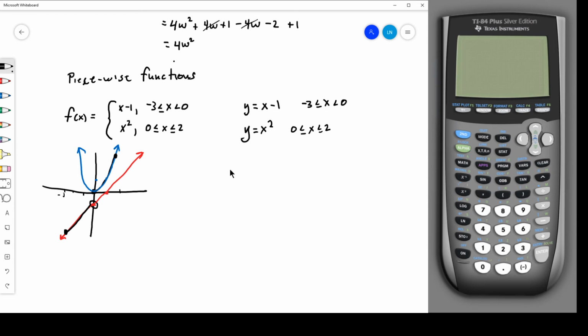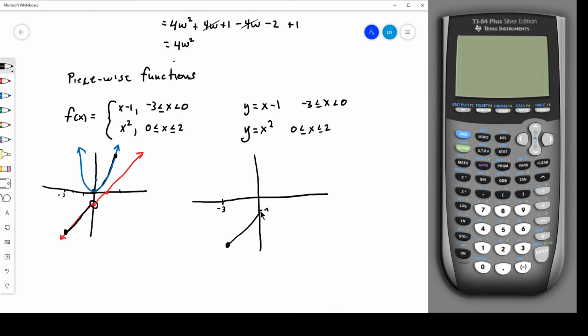So the actual graph of this function looks like this. We're out here at -3 and -1, and we're down here. We've got a straight line.